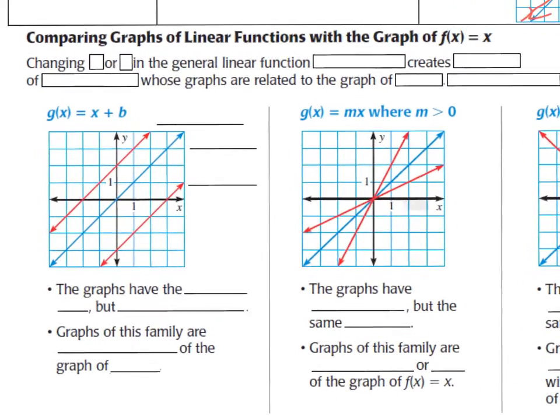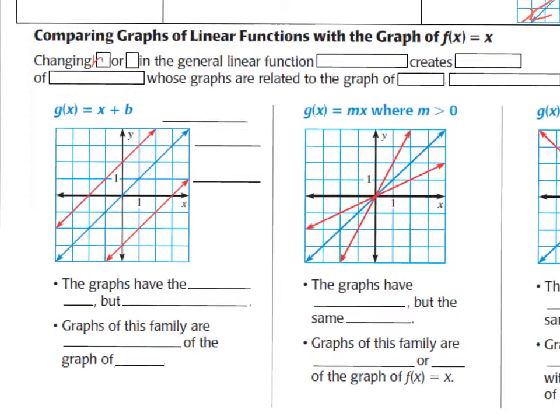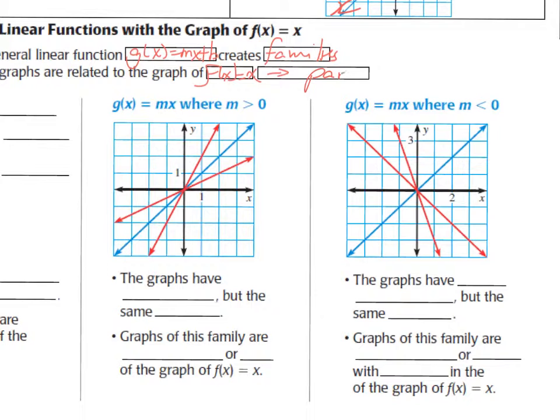Changing m, the slope, or b, the y-intercept, in the general linear function g of x equals mx plus b creates families of linear functions whose graphs are related to the graph of f of x equal to x, which is the parent linear function.